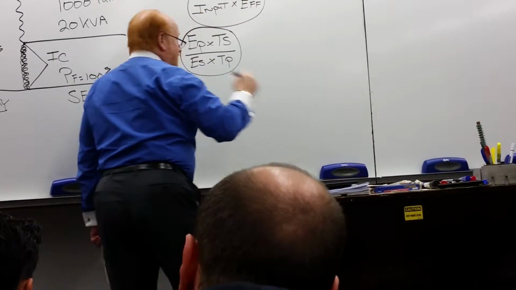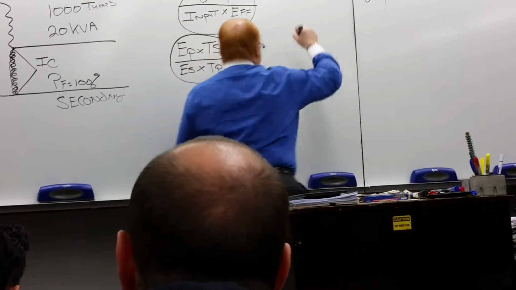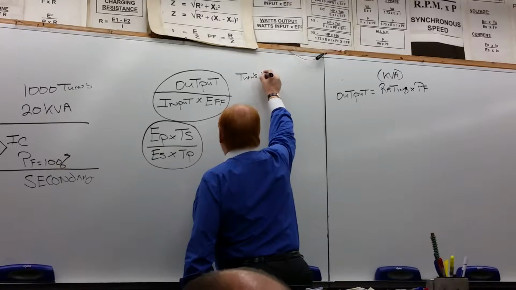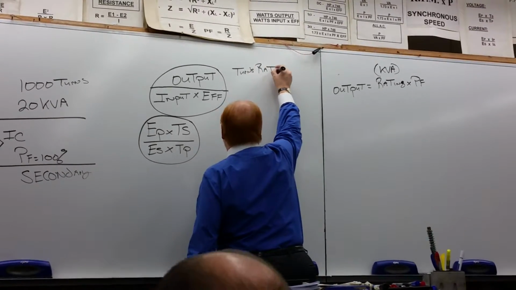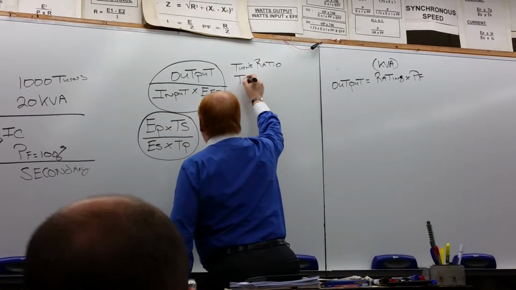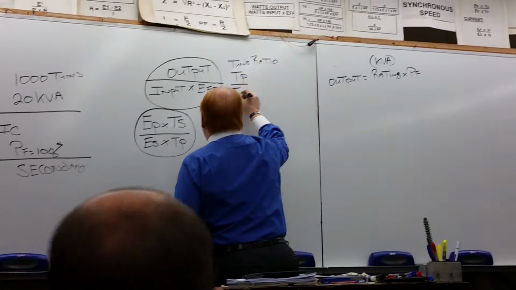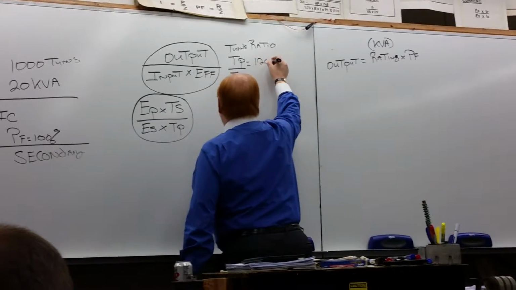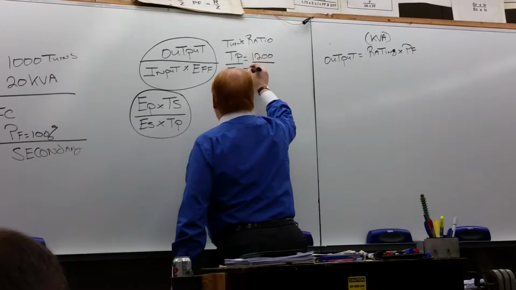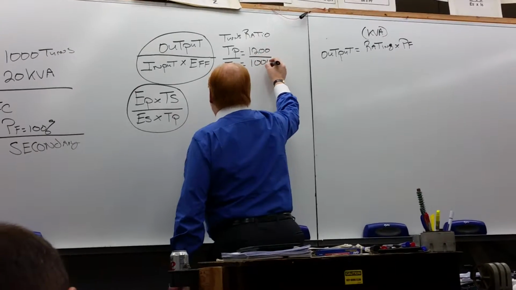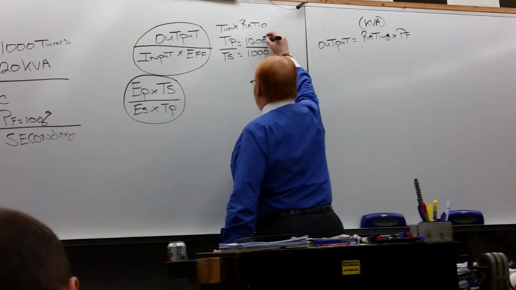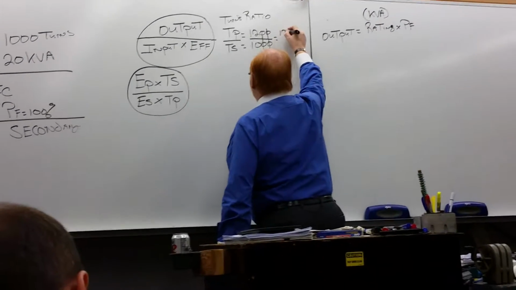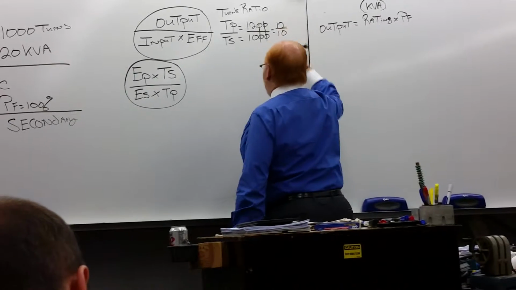First I needed to take 2 steps back. What didn't I do? Ratio. Thank you. My turns ratio, or we say TP over TS. TP equals 1,200 turns over TS was 1,000 turns. The zeros cancel each other out. I now have 12 over 10.